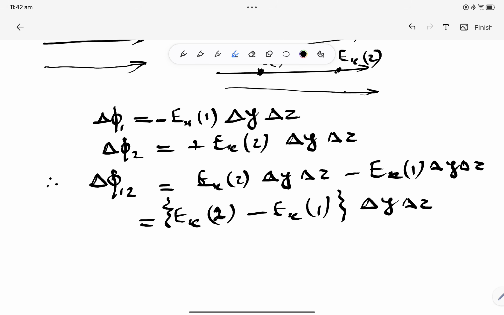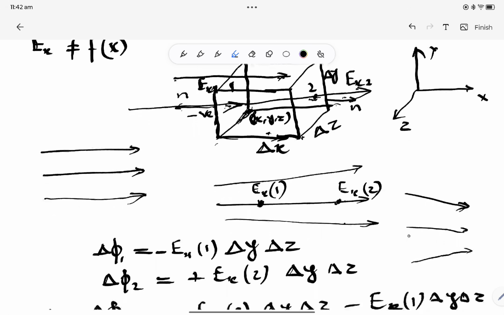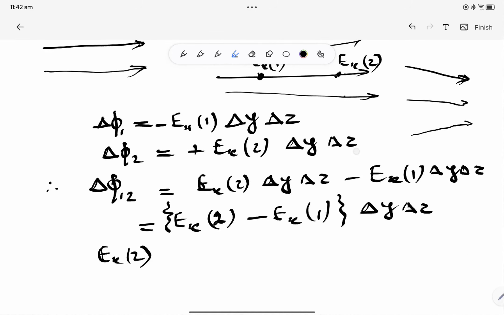Now, how much is this difference between the two? We can approximate this difference by a simple form of Taylor's theorem, the simplest form, without invoking Taylor's theorem. Suppose it is not this type of field. Suppose it is this type of field. That means the electric field is increasing with distance.